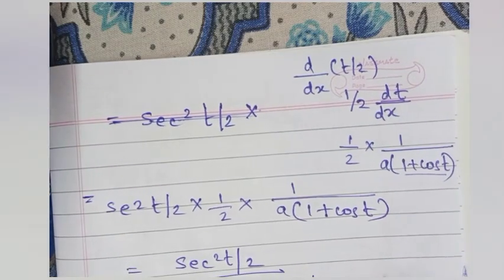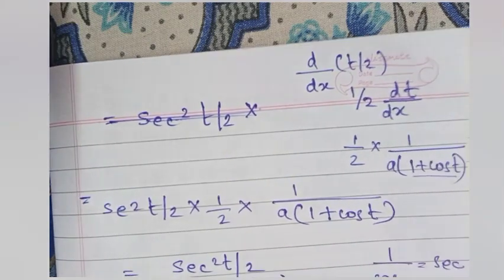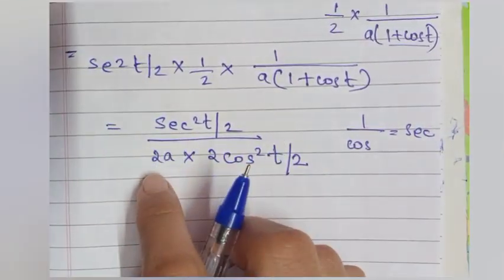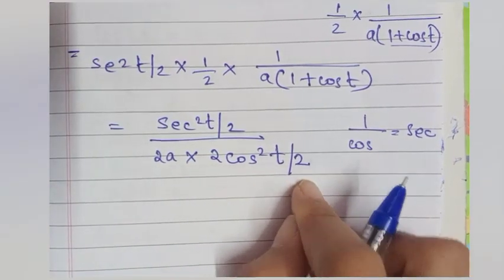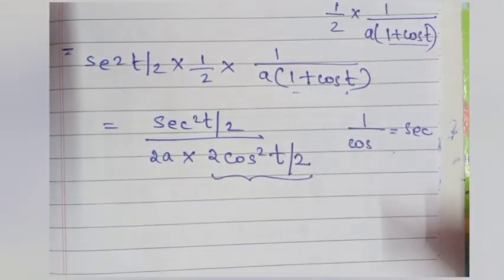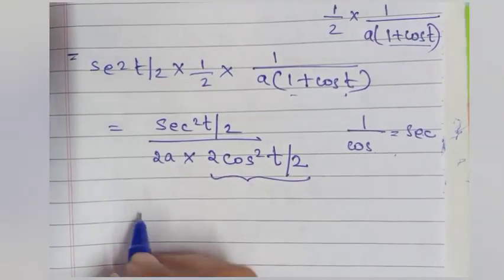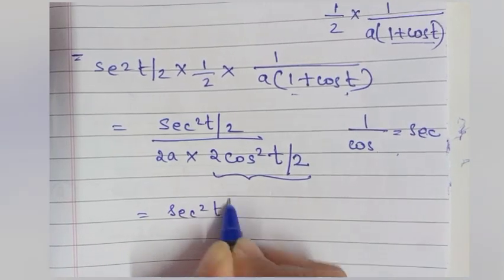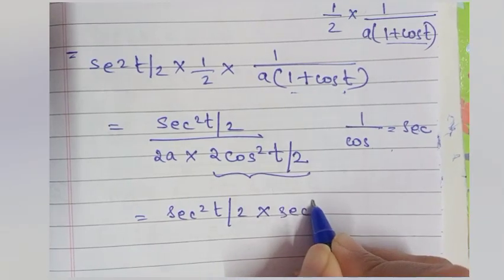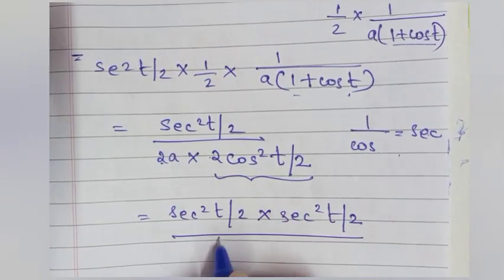We know that 1 by cos is equal to sec. We substitute 2 cos square t by 2 instead of 1 plus cos t, and we know that 1 by cos is equal to sec, so we write it as sec square t by 2 into sec square t by 2 divided by 2 into 2, 4a.